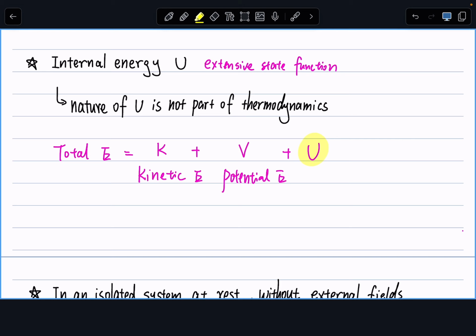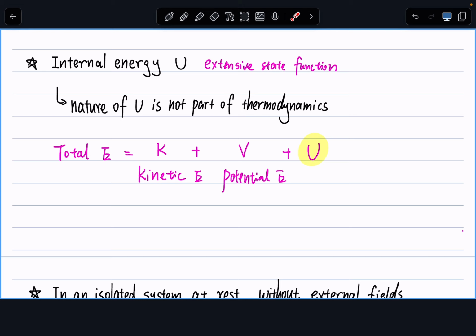So for us, when we're talking about thermodynamics, mostly we're focusing on the internal energy of a system. Now, the nature of that internal energy is rooted in statistical mechanics, or the movement of your particles and the partition functions. So we will save the nature of internal energy to the very end of this quarter.